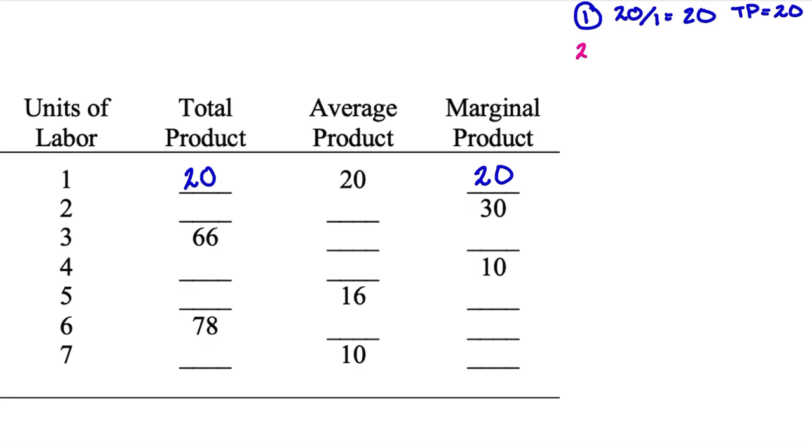So for our second one, if our marginal product is 30, we're going to add 30 to our original 20, and our total product is going to be 50. And then our average product will be 50 divided by 2, which is 25.